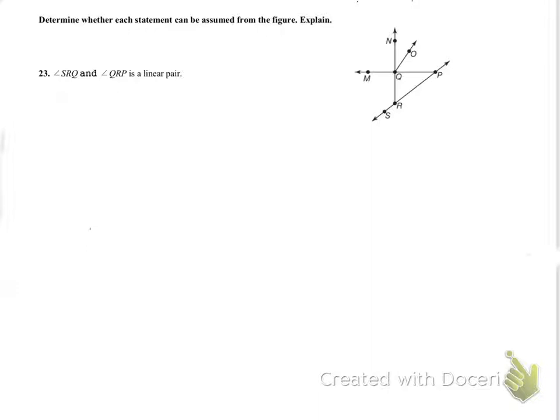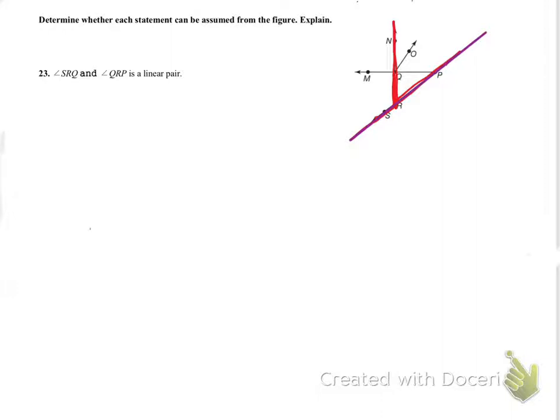All right, for 23 here, determine whether each statement can be assumed. So is this true or false? SRQ, so this angle right here, and QRP, so start with right here, QRP are linear pairs, so we have to decide, is that a straight line?